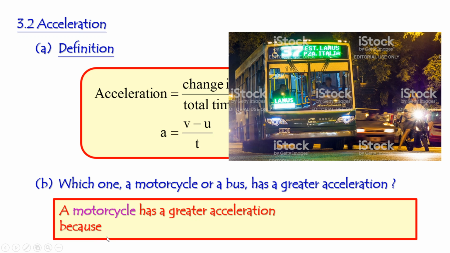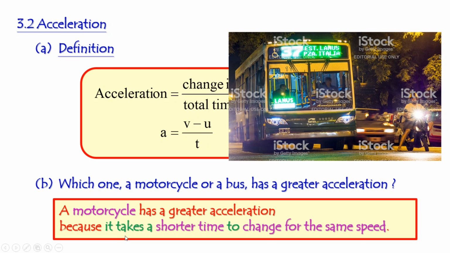Because it takes a shorter time to change for the same speed. For the same change, if one takes a shorter time, then the acceleration will be greater. The motorcycle can reach a very high speed in a short period of time, so its acceleration will be greater.